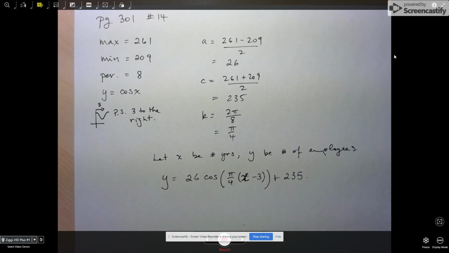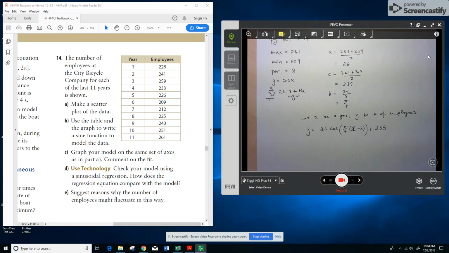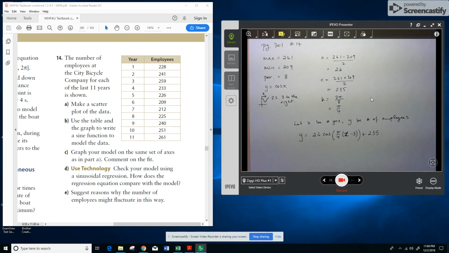Just to recap, when you're working with a table of values, especially if you're not going to be plotting the points, you're going to look for a fairly rough estimate for everything. Here we saw that we had two very close numbers that were sort of the largest in their respective neighborhoods. So we took these as being two maximums, which means that the whole cycle, from here to there, took 8 years.